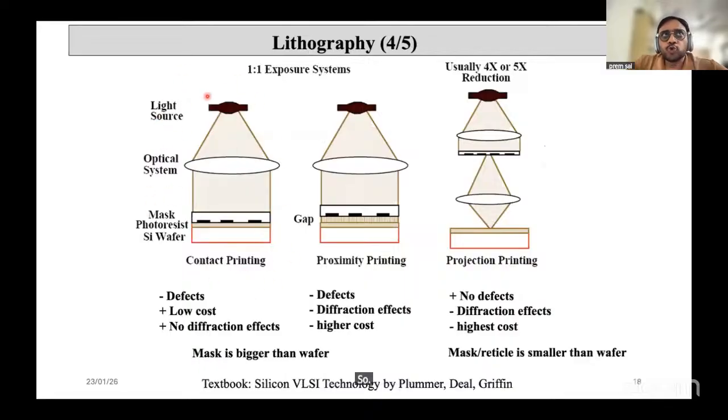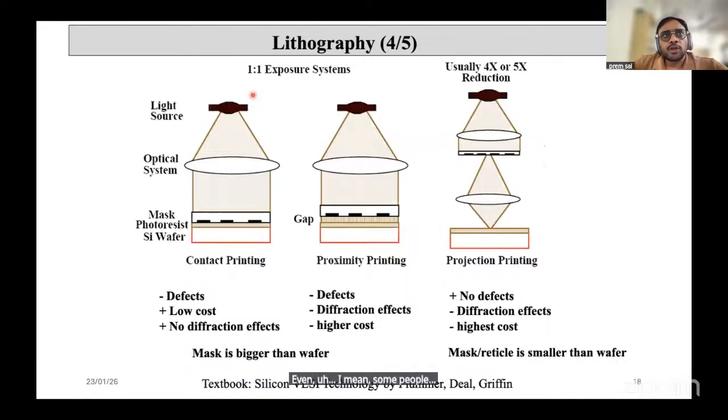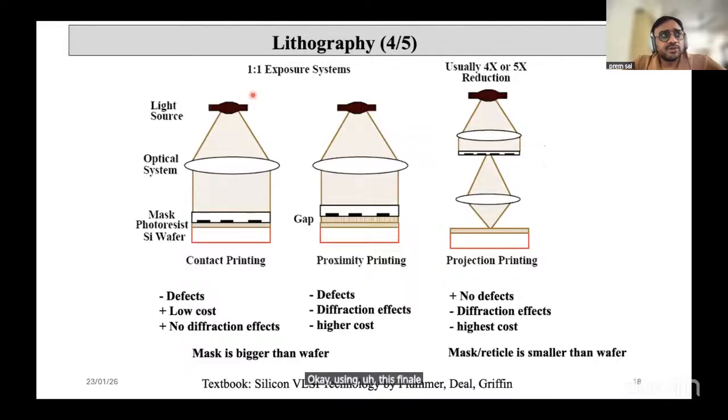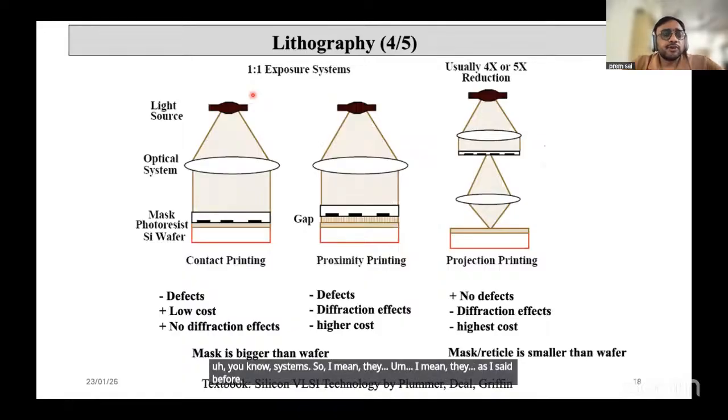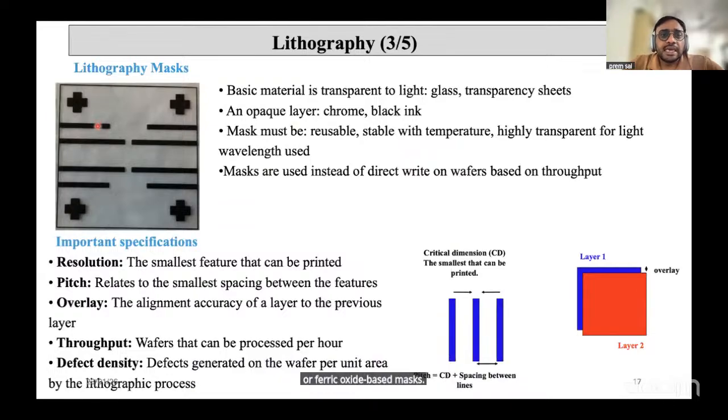A lot of people who make microfluidic channels use this kind of technique. Even some chemistry people develop their own negative photoresist, using bisphenol A, all that stuff, so they make their own systems. As I said before, for bigger features you don't need all this chromium or ferric oxide based masks. You just need ink.